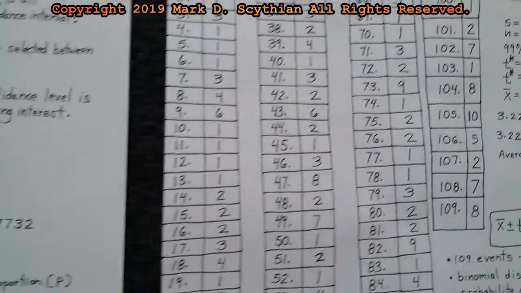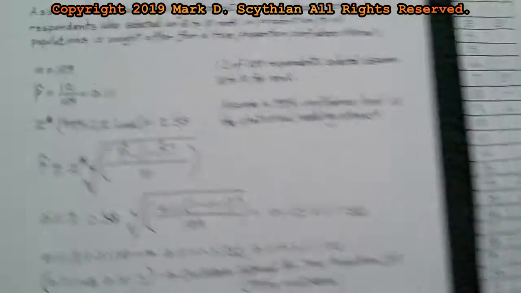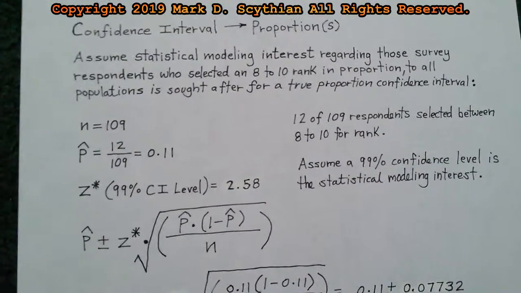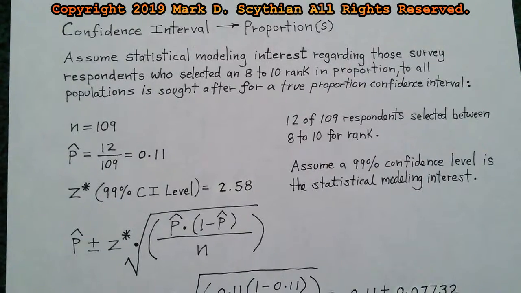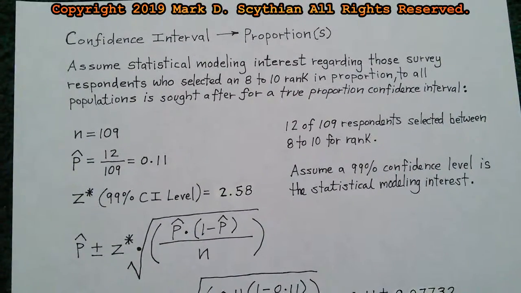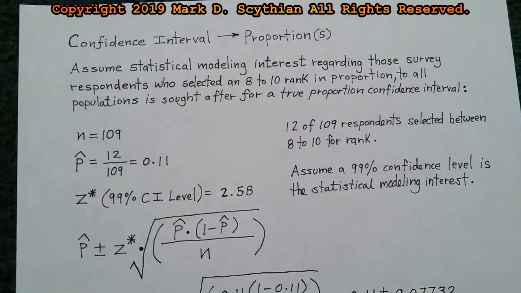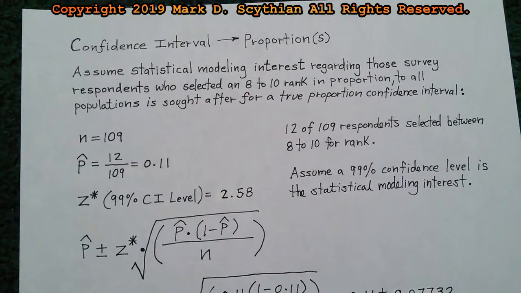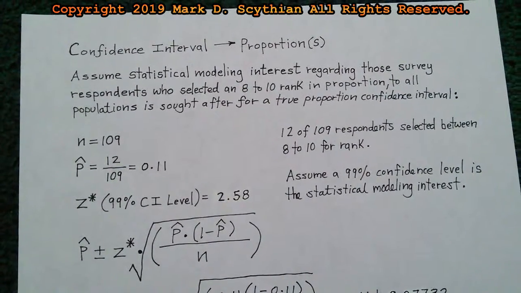In this confidence interval for proportion, we're going to use the same survey sample, 109 survey respondents. This time we're interested in the statistical modeling regarding those survey respondents who selected an 8 to 10 rank on a scale of 1 to 10, in proportion to all populations, which is sought after for the true proportion confidence interval.